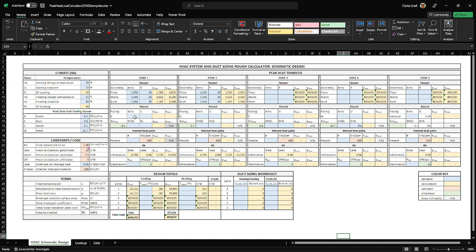So now I need to figure out my glazing. One thing I did not say is that these areas are for the opaque. I'm sorry, I should have said this. Opaque meaning anything that's not glazing.